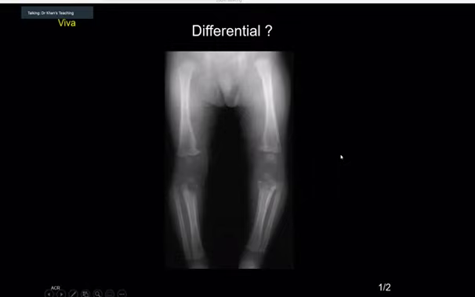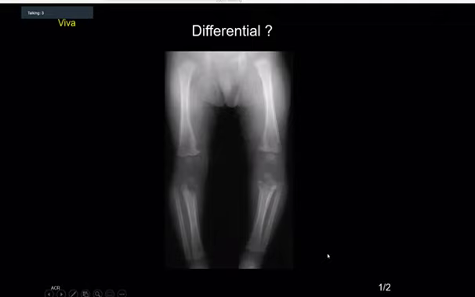Right, so this is a plain frontal radiograph of the lower limbs of a skeletally immature patient. I assume an infant or even a neonate. I can see bilateral symmetrical generalized linear periosteal reaction.